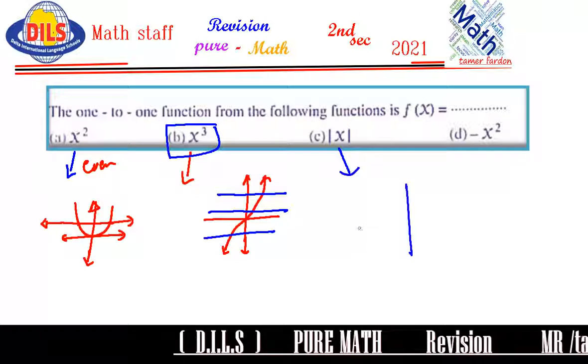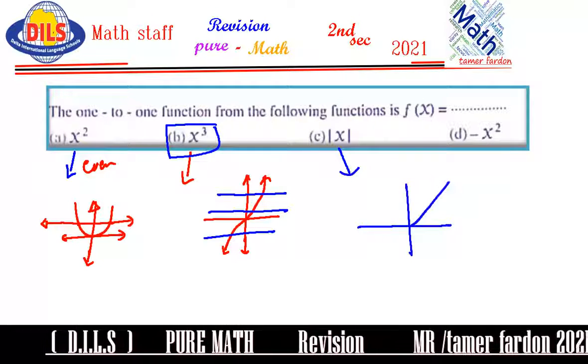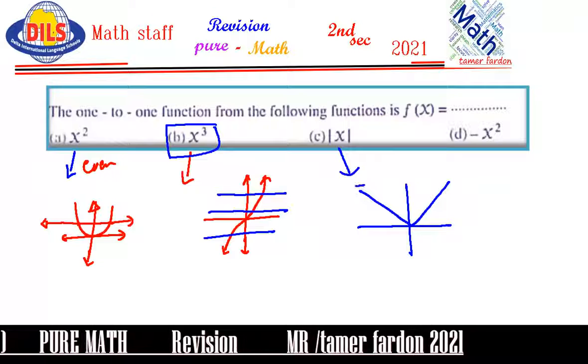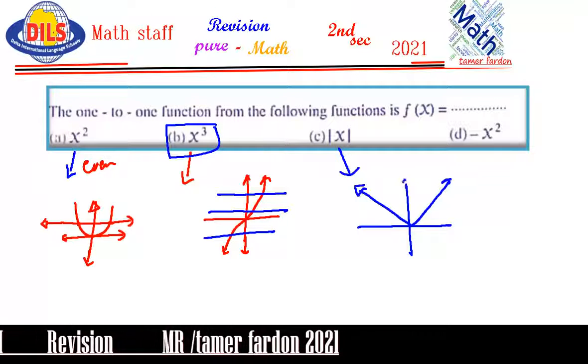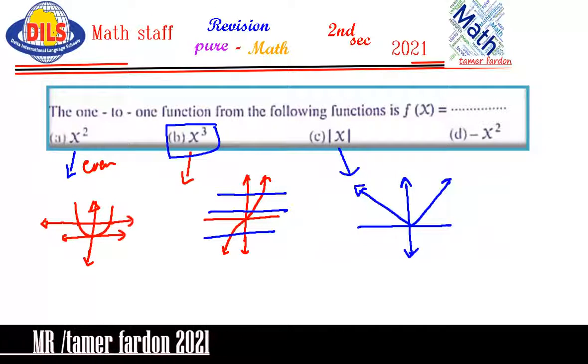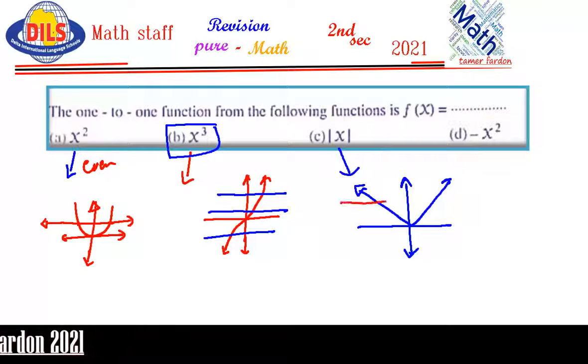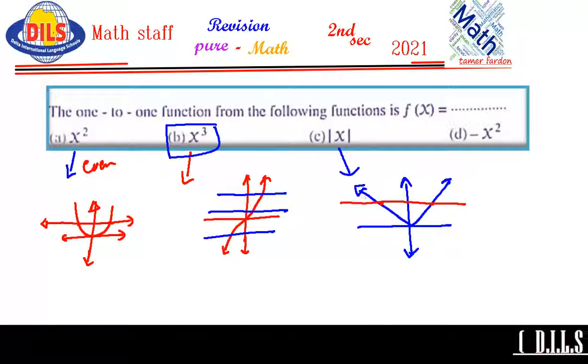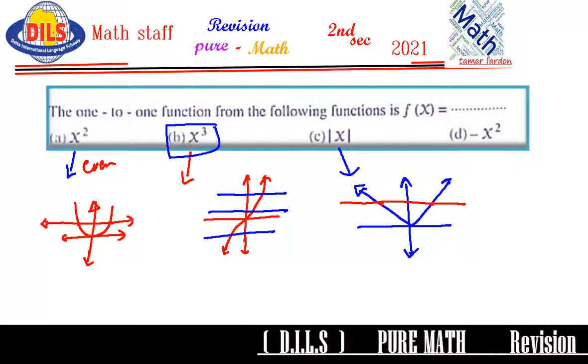Absolute x is an even function represented by two rays starting at the point 0, 0, so any horizontal line intersects it at more than one point. So the correct answer is B.